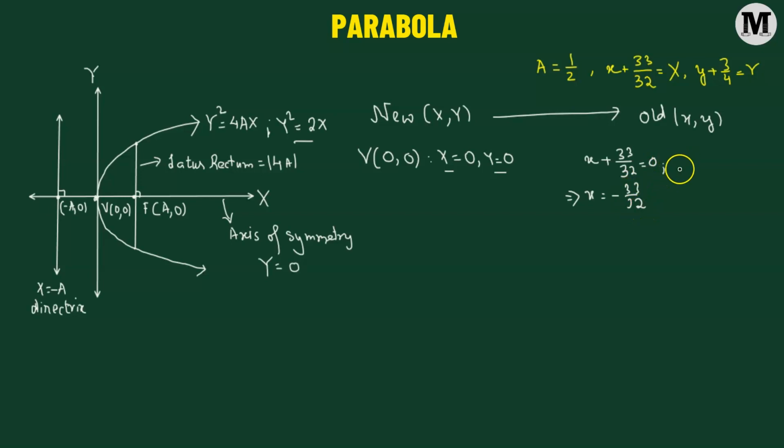And for Y equals 0, we use y plus 3 over 4 equals 0. Solving for y, we get y equals negative 3 over 4.